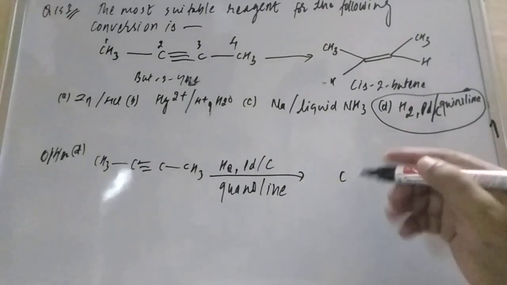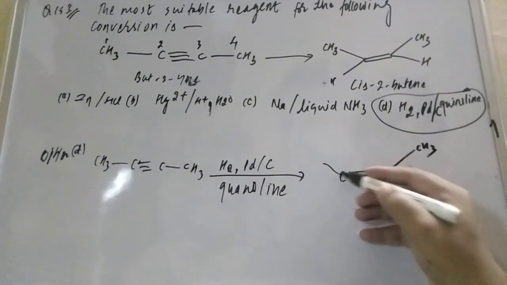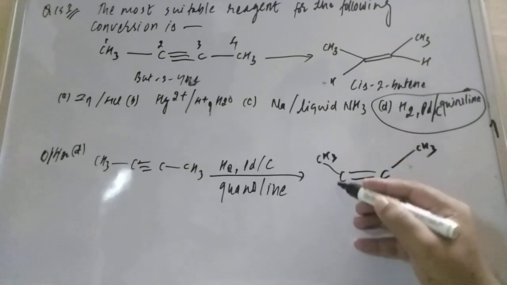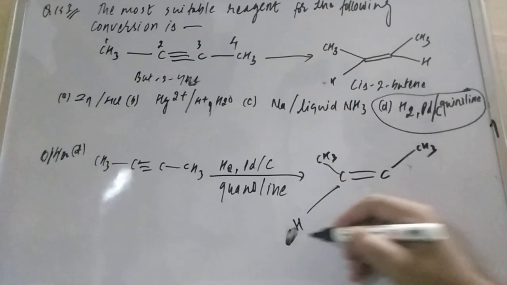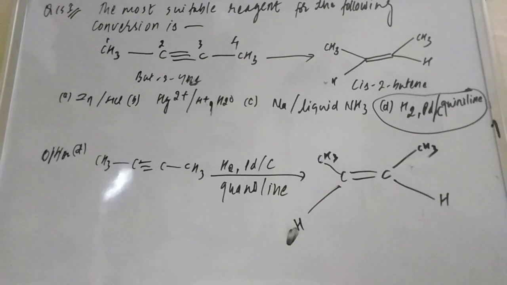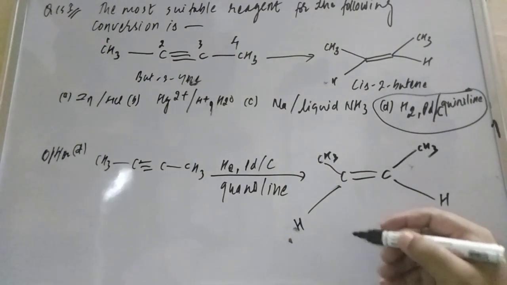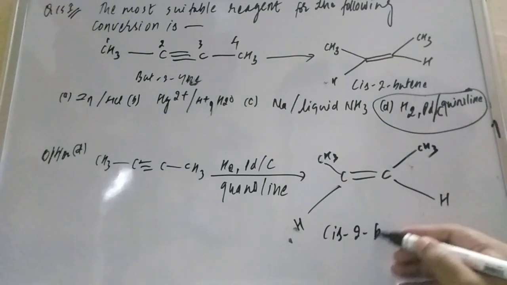Cis alkene means the similar groups will be on the same side. So here is CH3, this side also CH3, here is hydrogen, and this side also hydrogen. This is cis-2-butene.